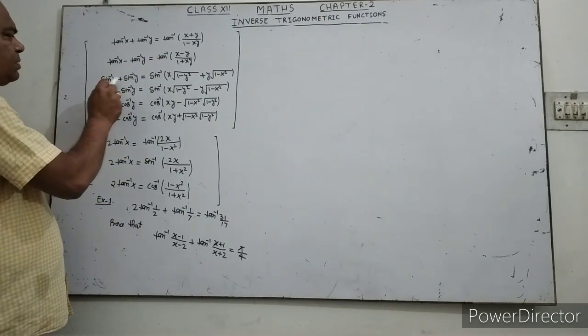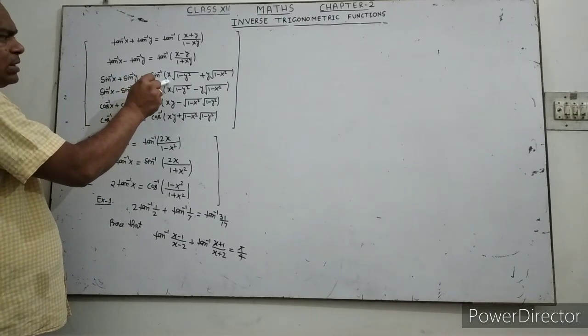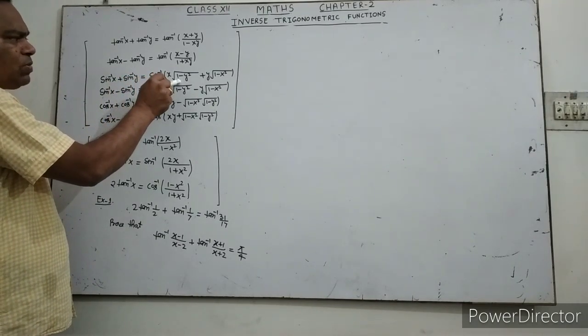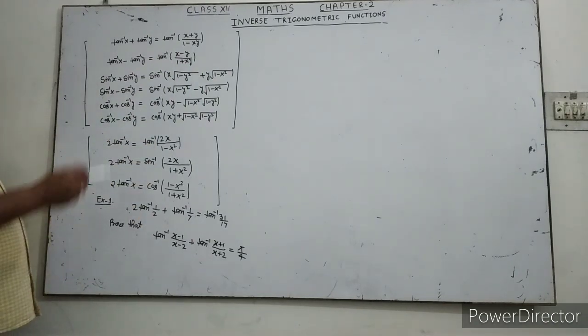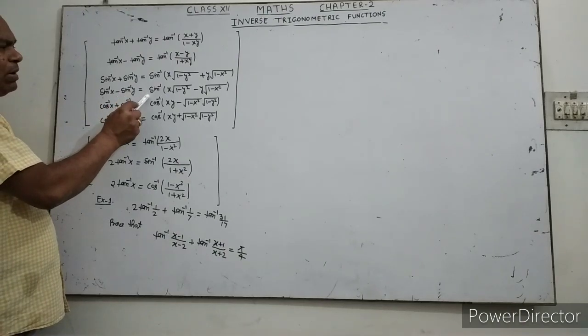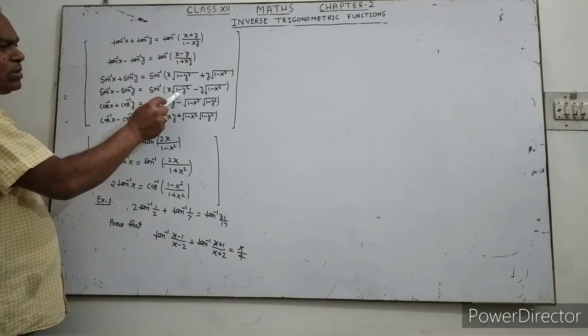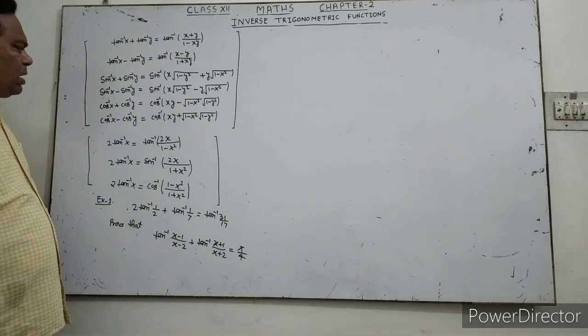Sin inverse x plus sin inverse y equals sin inverse of x under root 1 minus y square plus y under root 1 minus x square. Sin inverse x minus sin inverse y is sin inverse of x under root 1 minus y square minus y under root 1 minus x square.